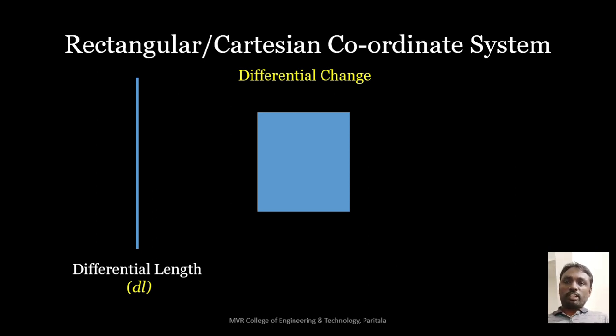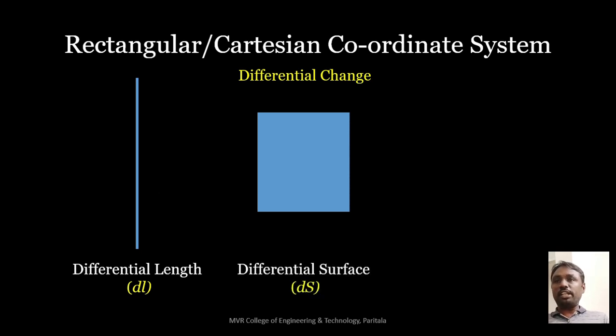So the smallest change in a surface is nothing but almost a line, and it can be called a differential surface.